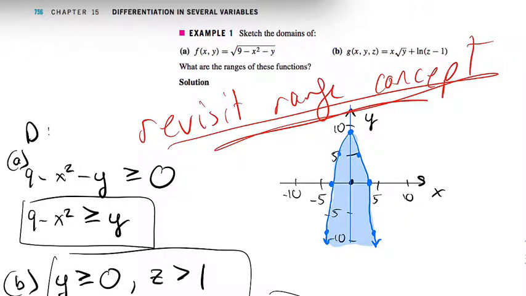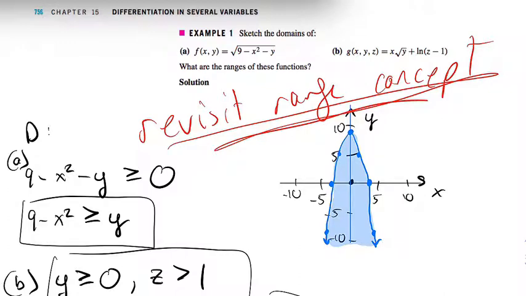Since the main function is a square root, we wouldn't be able to arrive at a negative result, right? We take the square root, and we can get a zero result. If we just focus on the Z axis, can Z be equal to 0?